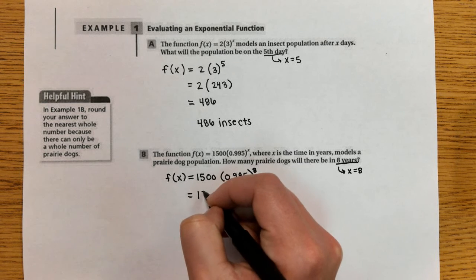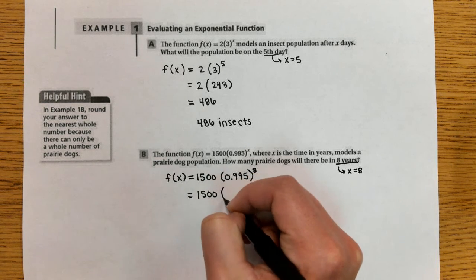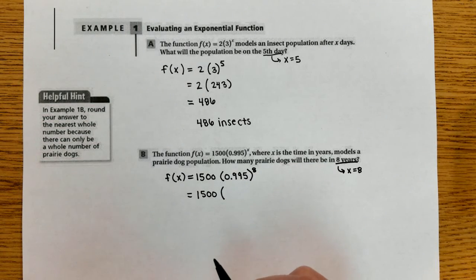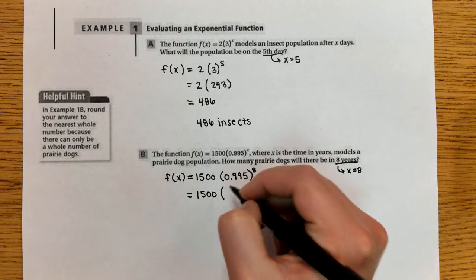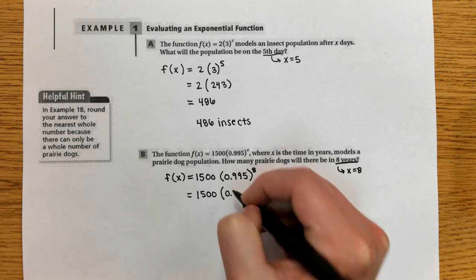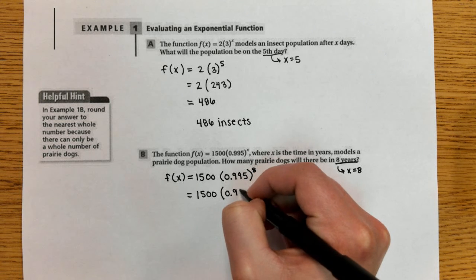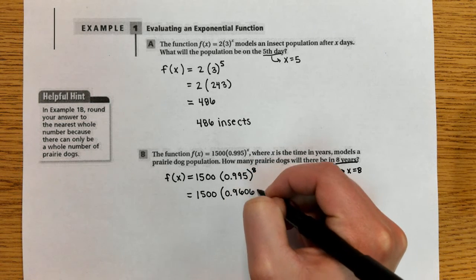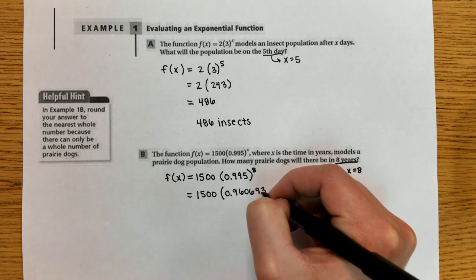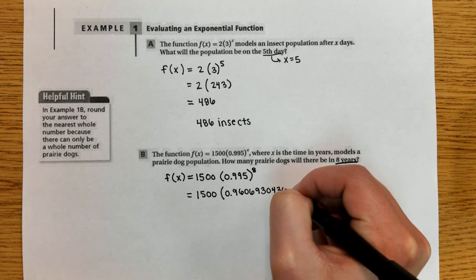So we're going to get 1,500 times, and this is going to be a pretty long decimal, 0.96069304336.